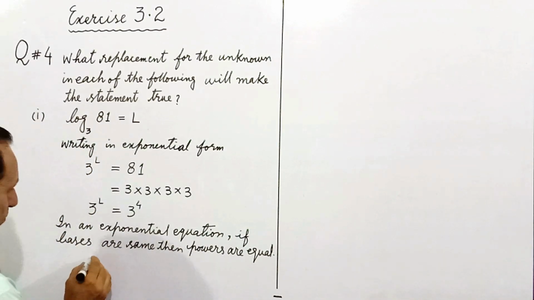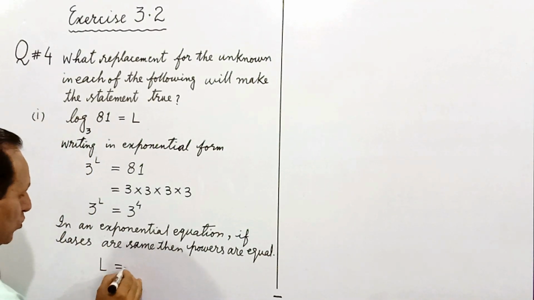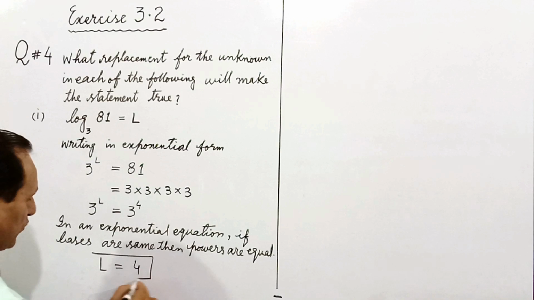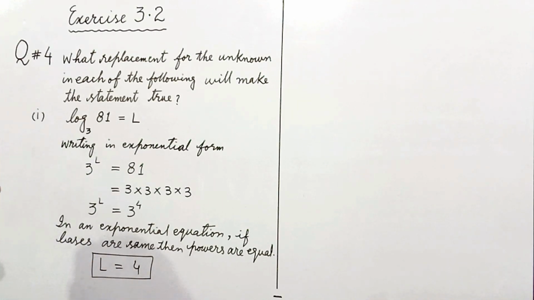So therefore L will be equal to 4, and hence we find the replacement of L, that is 4. If we put 4 over here, the statement will become true.